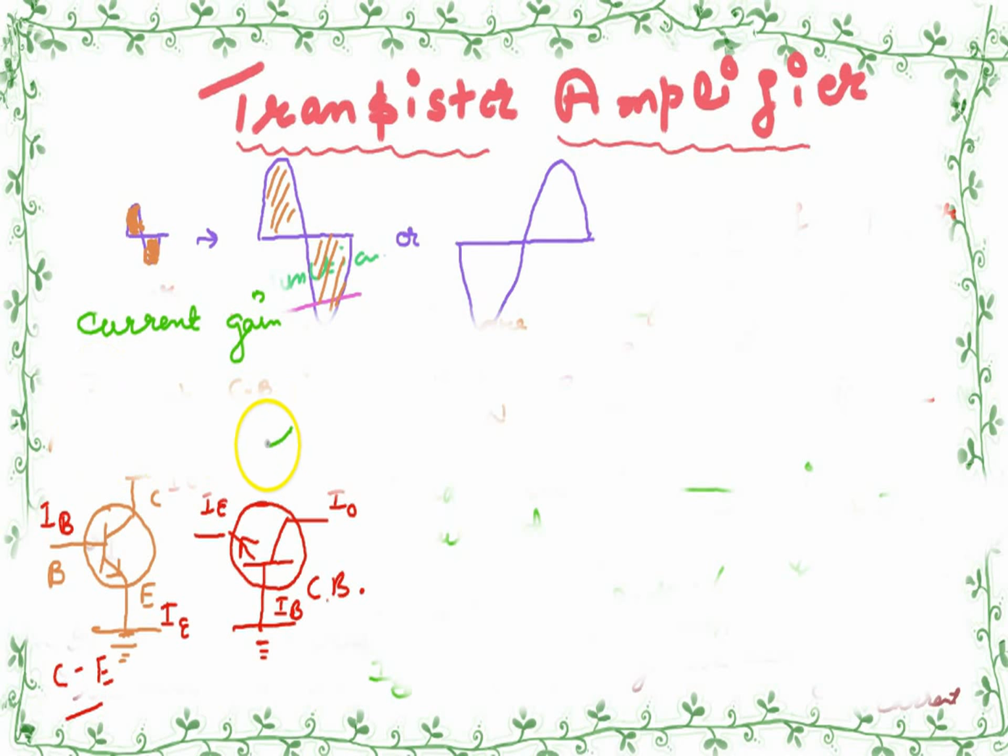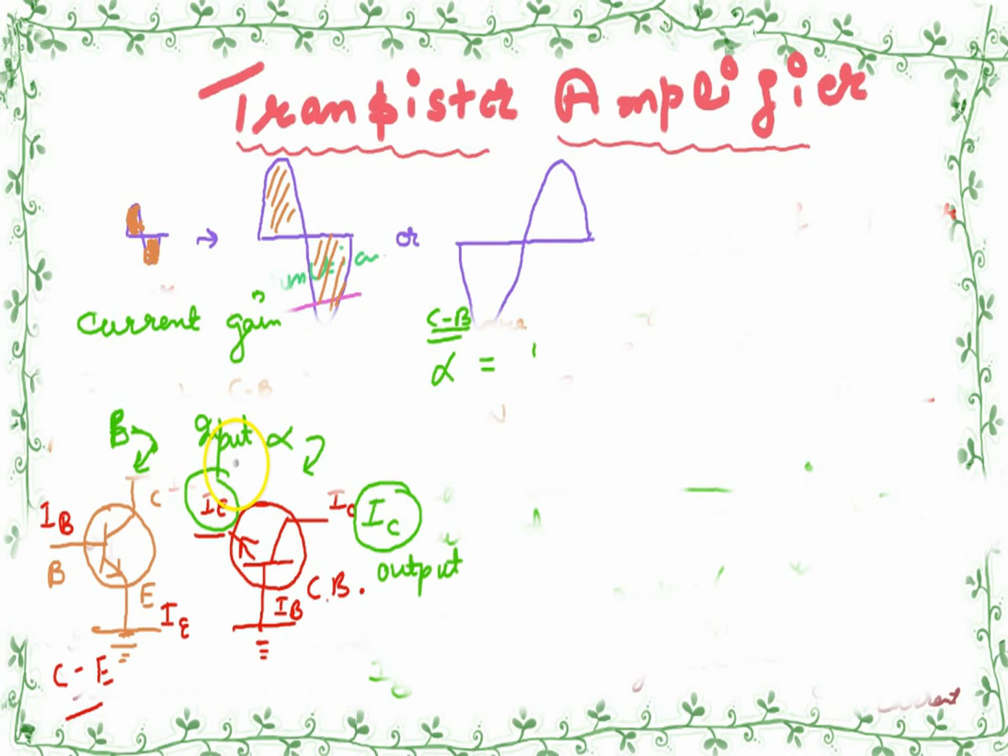Now, what is current gain in case of common emitter and common base? In common base, it is abbreviated as alpha. In common emitter, it is defined by beta. So, what is alpha? Alpha is current gain in common base, output current over input current, that is IC over IE.